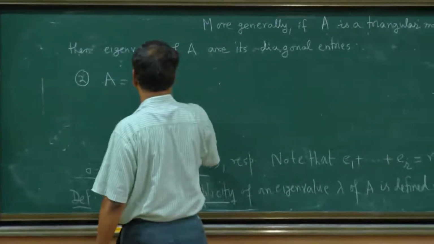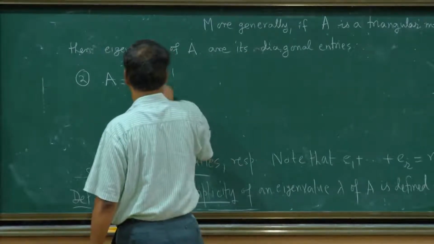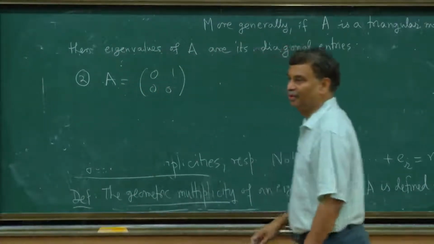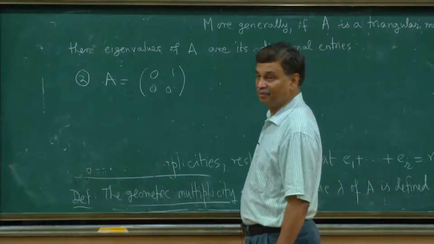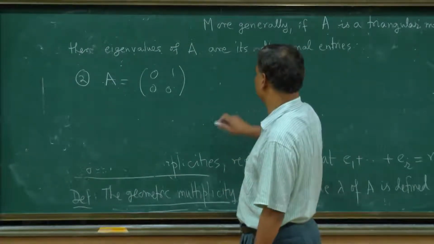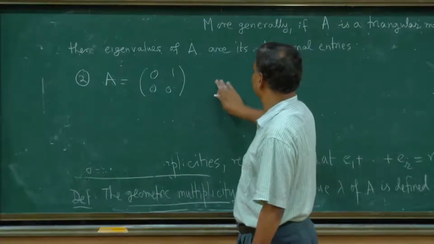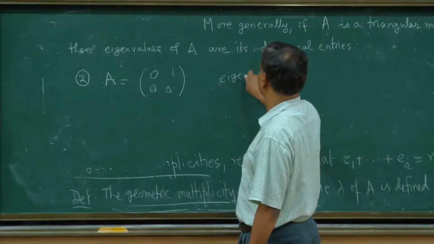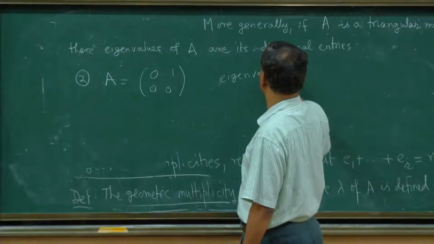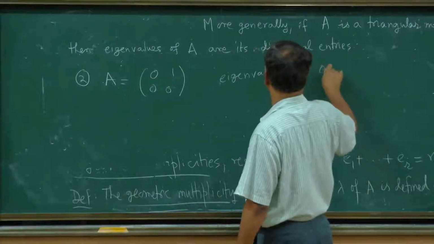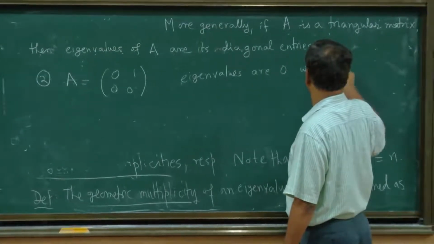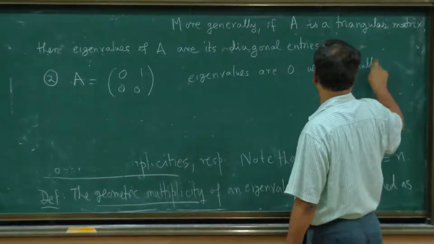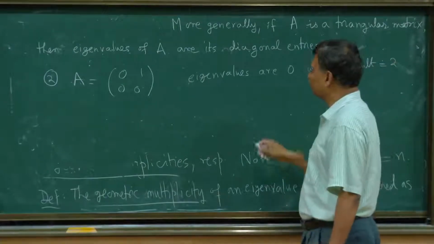Suppose I have the matrix 0 1 0 0. What are the eigenvalues of this? 0, 0, because it's a triangular matrix. 0 with algebraic multiplicity 2.